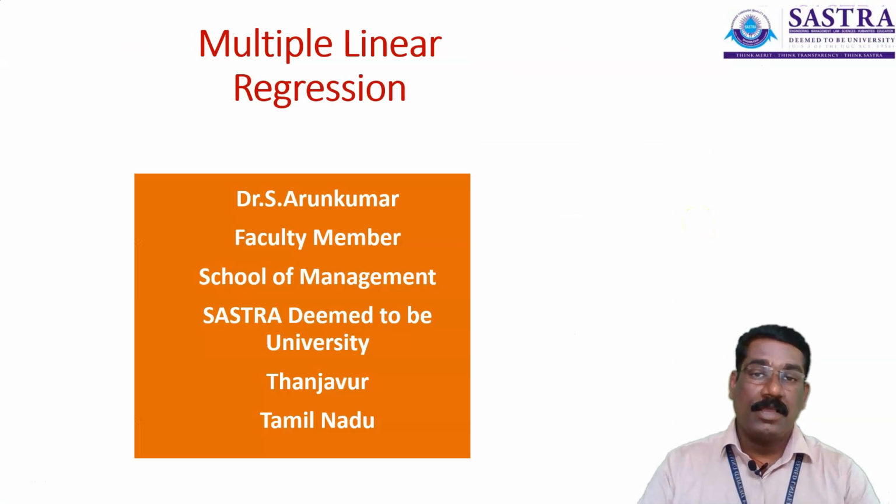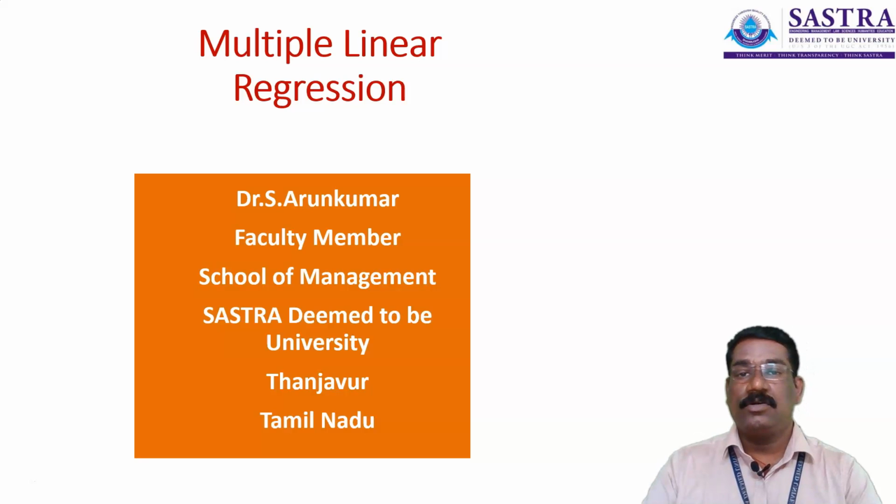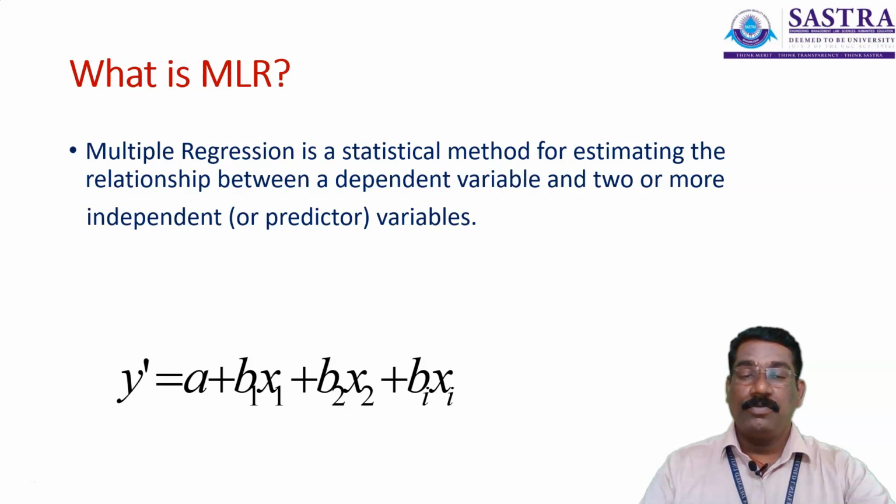Hello, in continuation of our session on multivariate analysis, let's also discuss multiple linear regression analysis and how it is applied in the business context. Let us also give you some examples. Before that, let us understand what multiple linear regression analysis is all about.